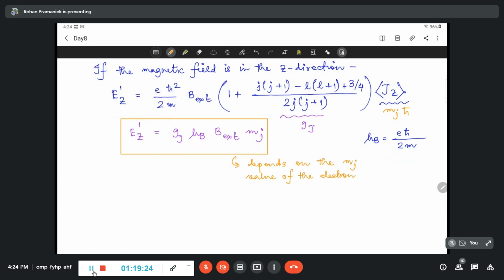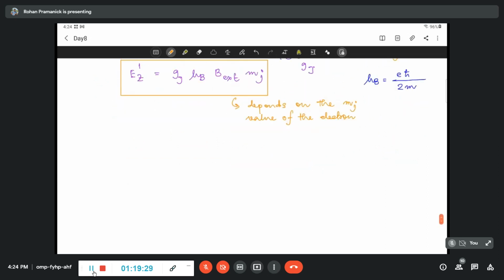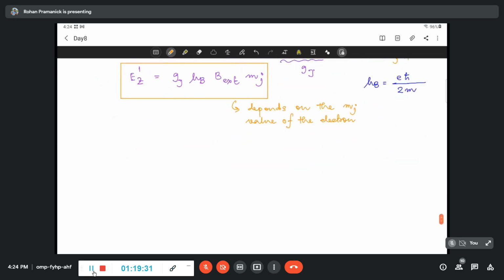So what happens is that, let's say a specific state for n equals 1, that is the 1 0 0 state. When n equals 1, the only possible choice of L is 0, and the spin of the electron is half. So J is L plus half, that is 0 plus half, that is half.